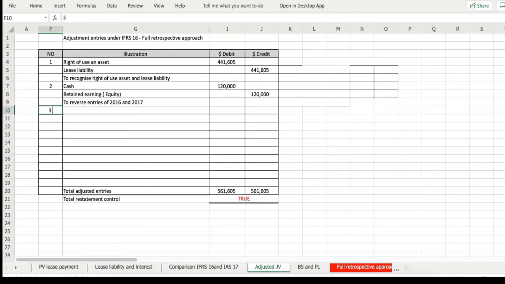We are in January 2018, so we need to reverse or exclude this lease liability for 2 years. So the entry would be lease liability, and retained earnings, equity. And on the credit side, we credit cash.